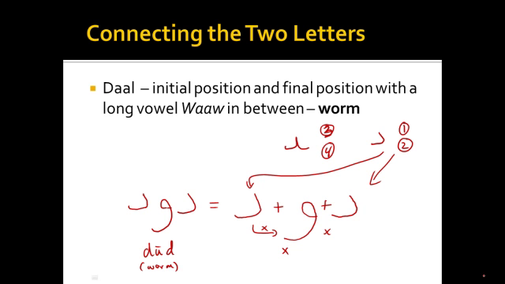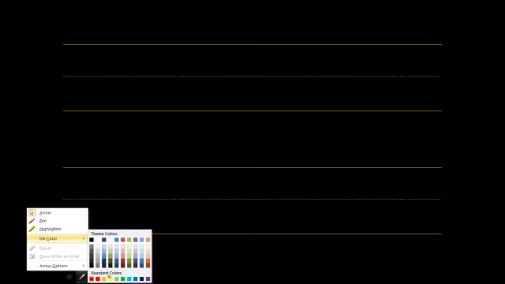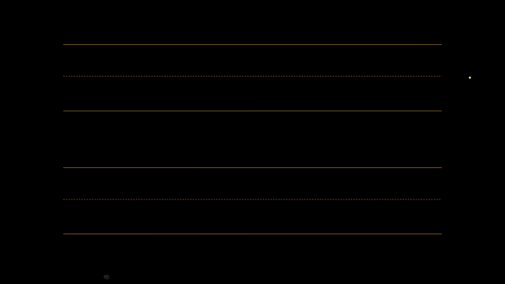Great. Let's write it a few times. Change my color again to yellow. So we have here dood. Daal, waaw, Daal, dood. Let's do it again.